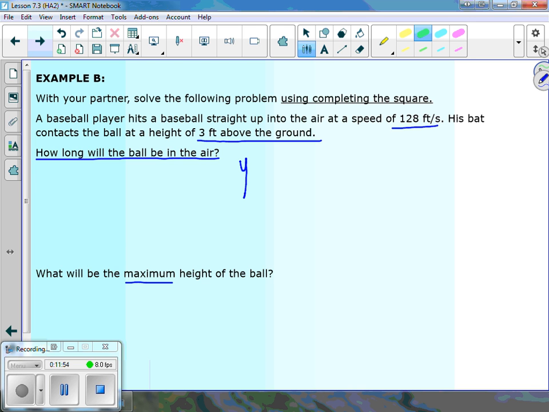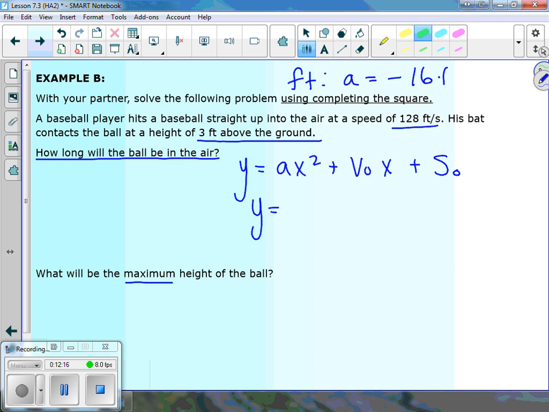So start with your general form, ax squared plus v sub 0 x plus s sub 0. Plug in your values. This is a feet problem. If it's a feet problem, then we know a will equal negative 16 feet per second squared.